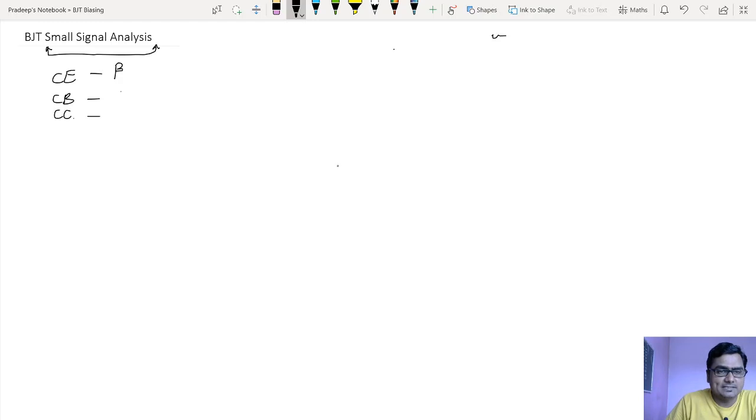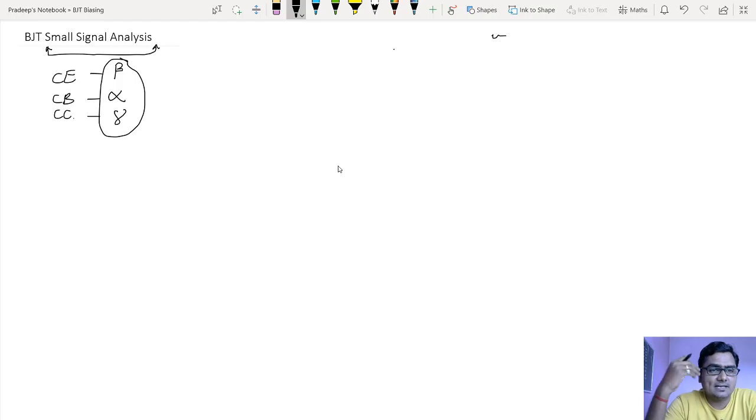If it is common base, it is alpha, and if it is common collector, then it is gamma. And a few lectures before, we had a discussion about the relationship between those alpha, beta, and gamma also.